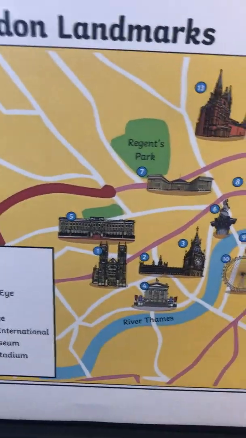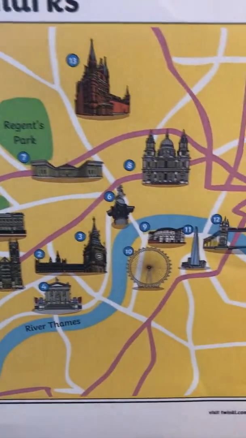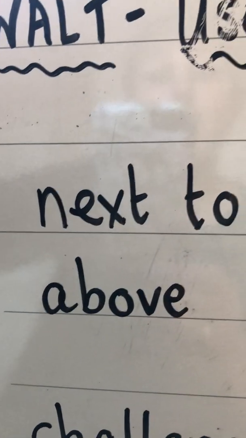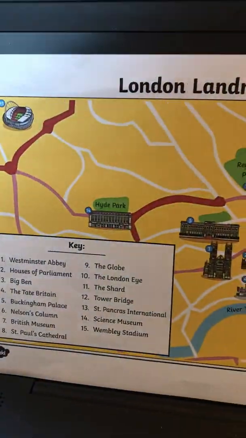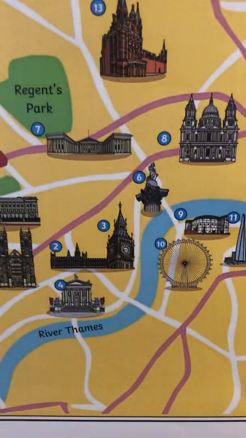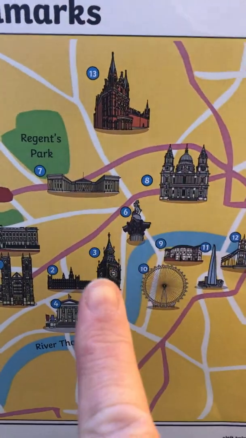Okay, so now let's see if we can describe where you can find some of these places on the map using these words that we were looking at before. So the first word was next to. So let me see if I can describe where something is using the word next to. I know.